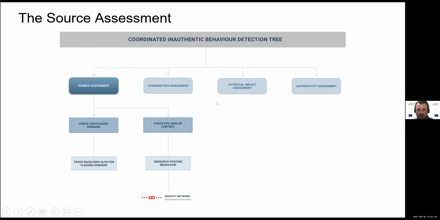So we have 4 branches of the coordinated inauthentic behavior detection tree. The first one is the source assessment.